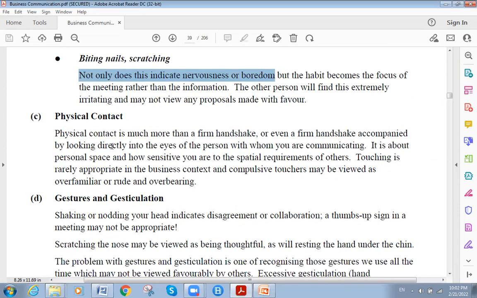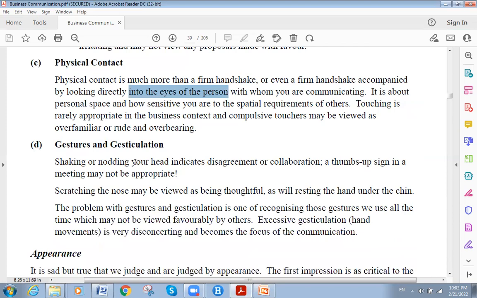We'll move now from the nonverbal into physical contact. Physical contact is much more than a firm handshake, or even a firm handshake accompanied by looking directly into the eyes of the person. It shows interest, and it shows that you care when you make eye contact with the other party. It shows that you care about what's going on with them.